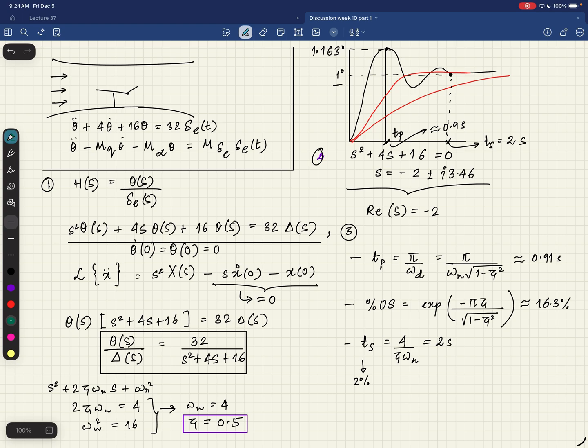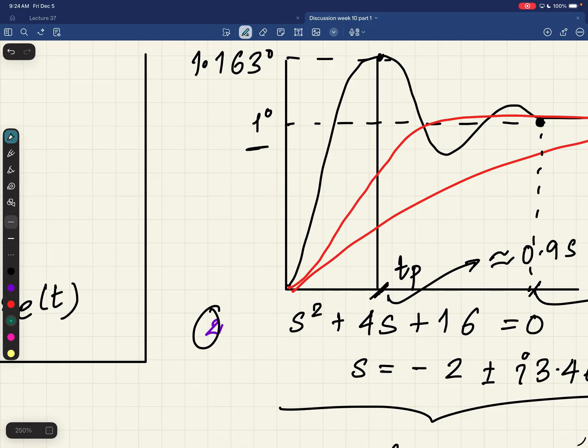Can you repeat what the percentage overshoot is? Oh, percentage overshoot is, this is your steady state value, which would mostly be given with a subscript SS, and then this is the peak that your system attains.